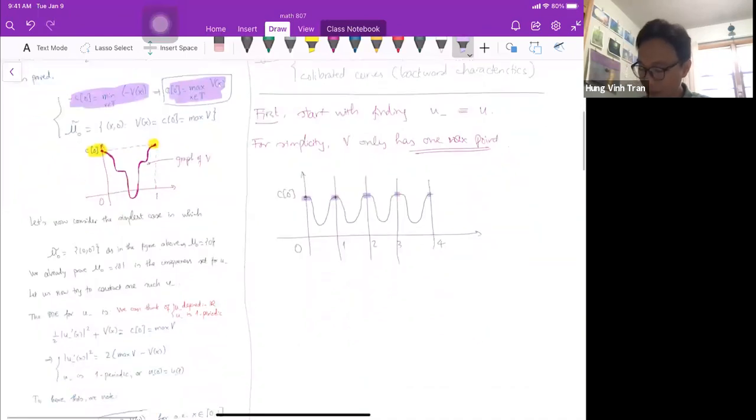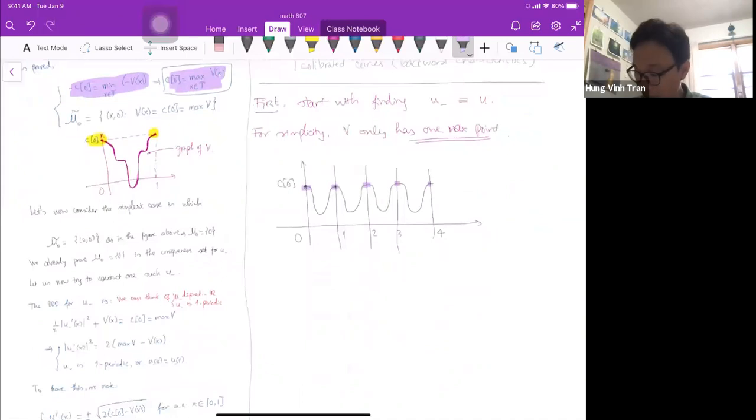Again, let me write down: C naught equals the max of V, and it equals V0 or V1, doesn't matter. And we have the Mather set, which is just going to be 1 point, because in this case I assume that we only achieve the max at 1 point.